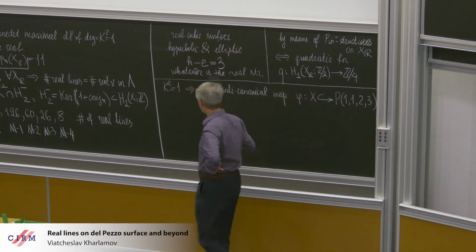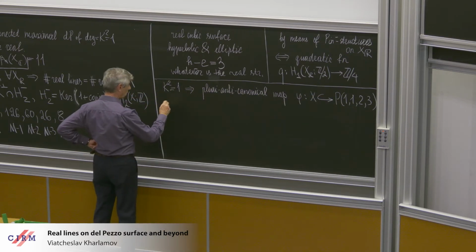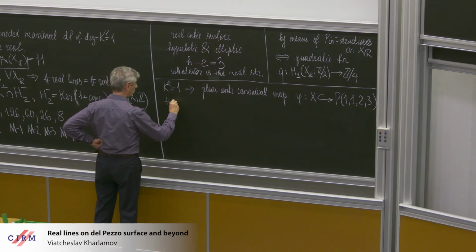So this projective space is a bit singular. Here we have 2 singular points.